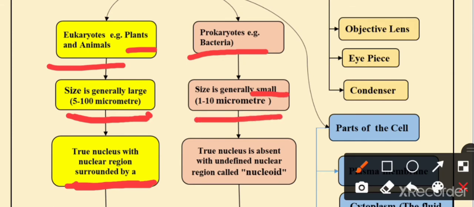Third, the true nucleus has a nuclear membrane around it. This is present in eukaryotic cells, but in prokaryotic cells the true nucleus is absent, or has an undefined nuclear membrane, meaning the nuclear membrane is not present around the nucleus. That is why it is known as nucleoid in prokaryotic cells.